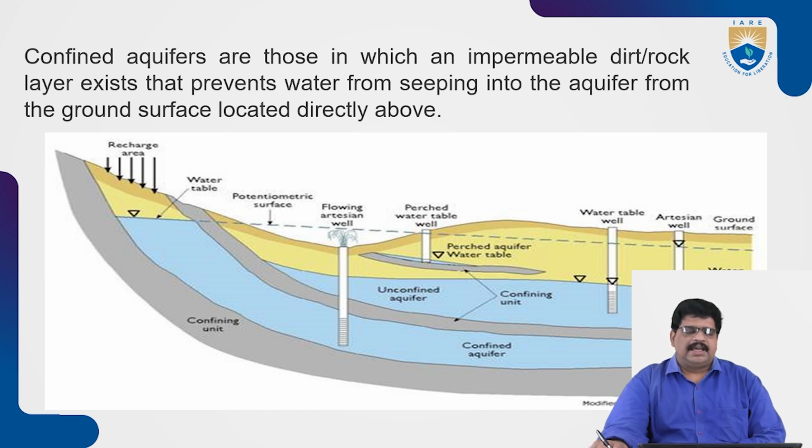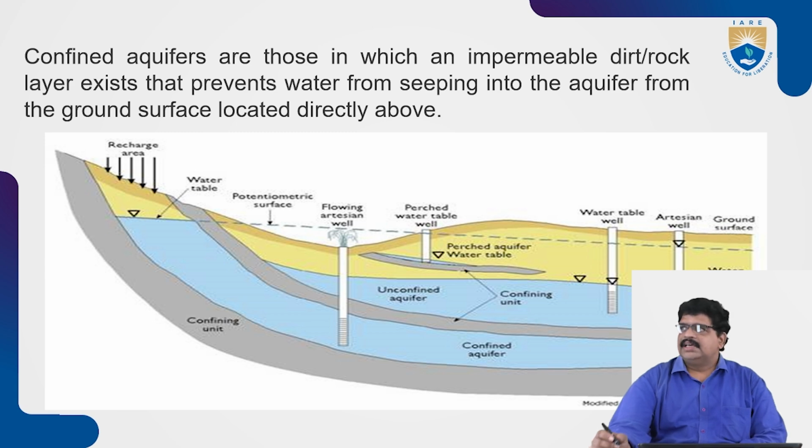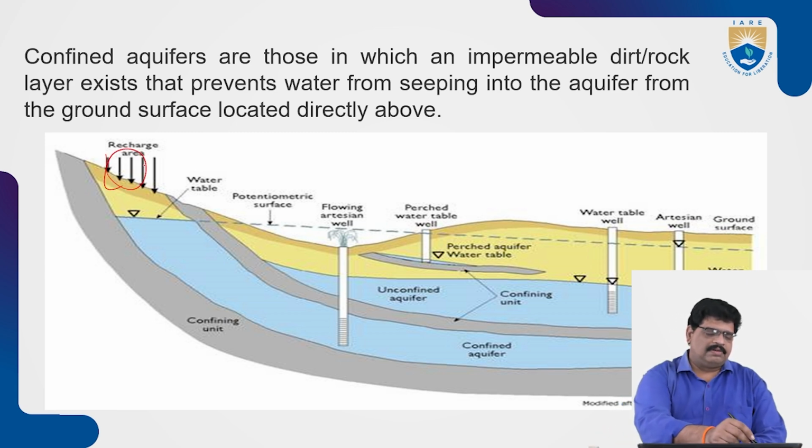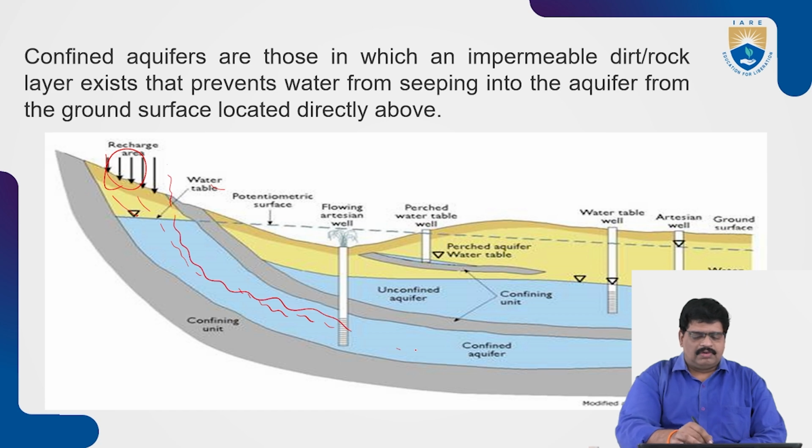Let us see the recharge of groundwater here. On the upstream side, water is allowed to enter, going inside to the bottom, and the water table is there. In the water table, the catchment area supplies the water, which goes to the groundwater levels in the confined aquifer.